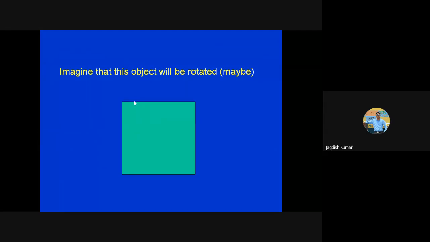Now let us assume that we pass one axis perpendicular to this square, passing through its center. I hope you know what is the meaning of center of a square.